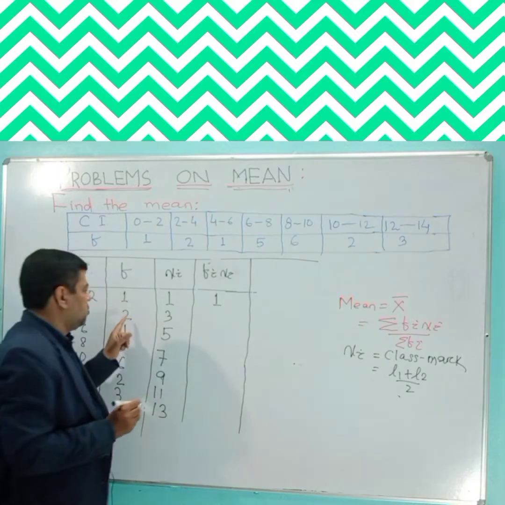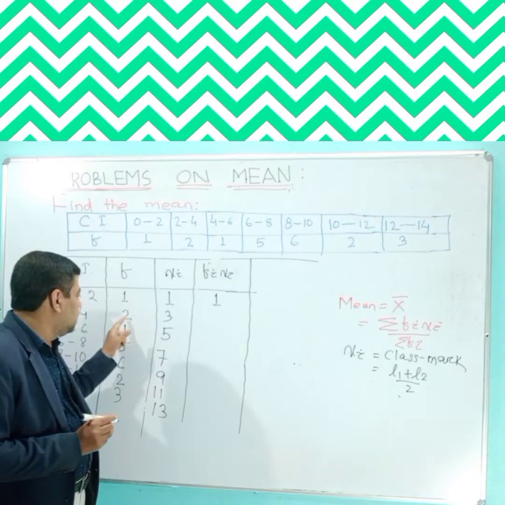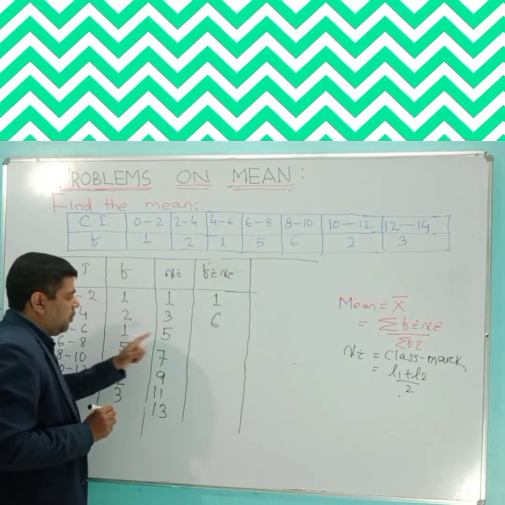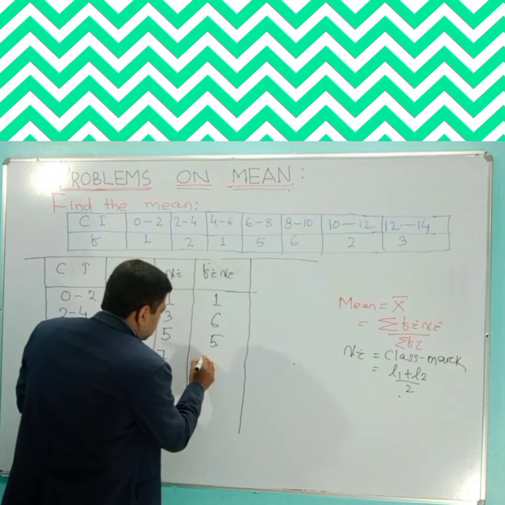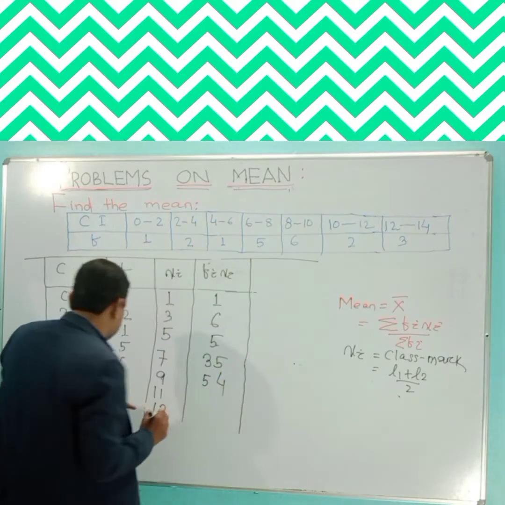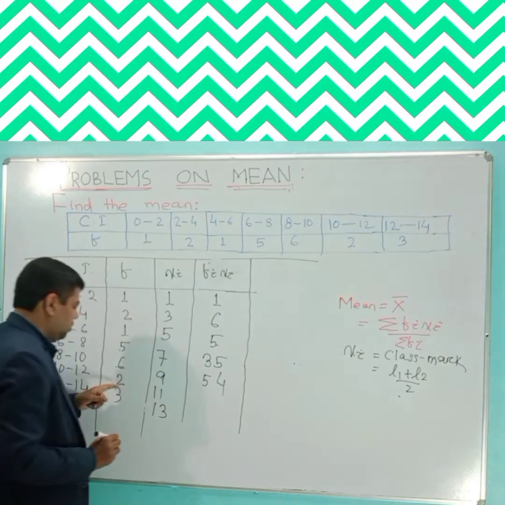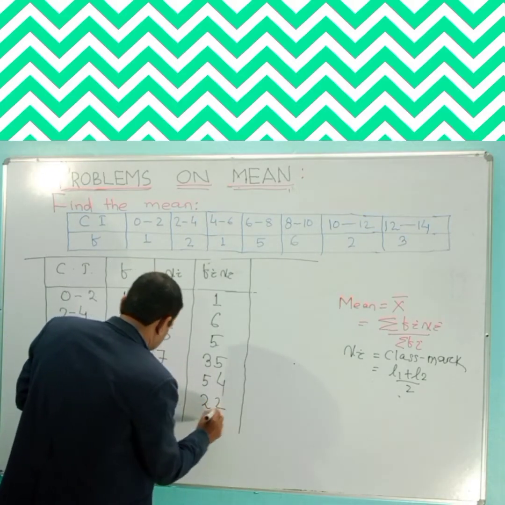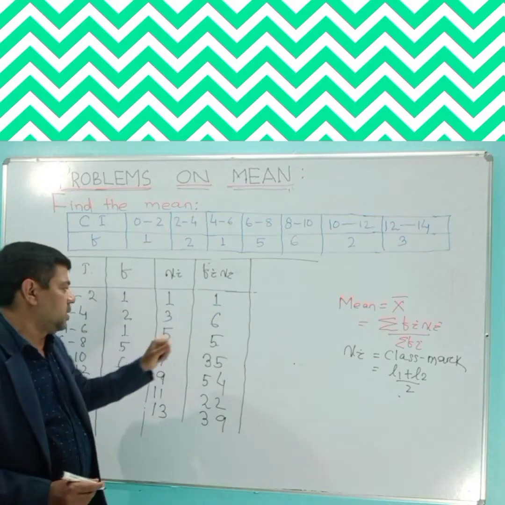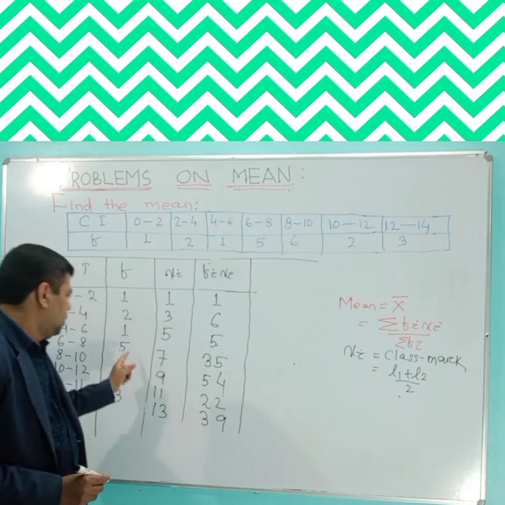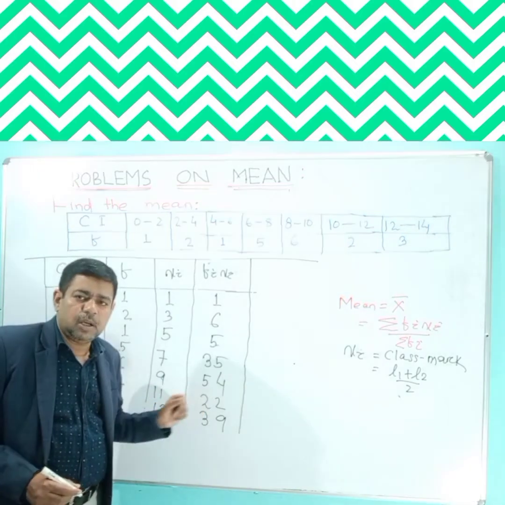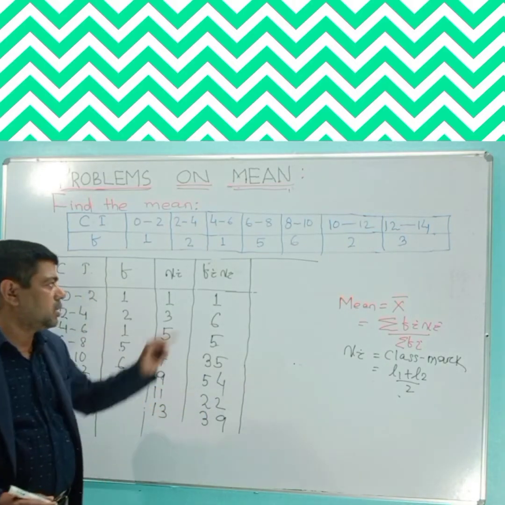Similarly, 2 times 3 is 6. 1 times 5 is 5. 5 times 7 is 35. 6 times 9 is 54. 2 times 11 is 22. 3 times 13 is 39. This is how we get Fi Xi.